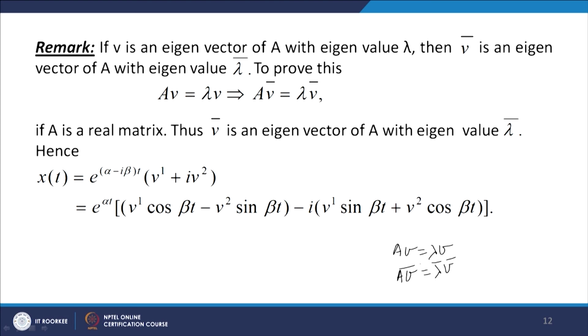Now, A is a real matrix, so A bar = A, so A B bar = lambda bar B bar. So, lambda bar is an eigenvalue of A and B bar is the corresponding eigenvector. So, if B is an eigenvector of A with eigenvalue lambda, and A is a real matrix, then B bar is an eigenvector of A with eigenvalue lambda bar.